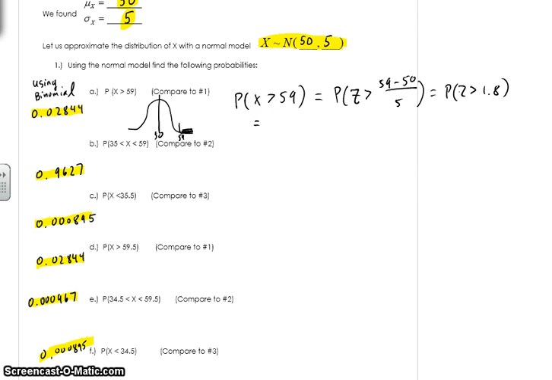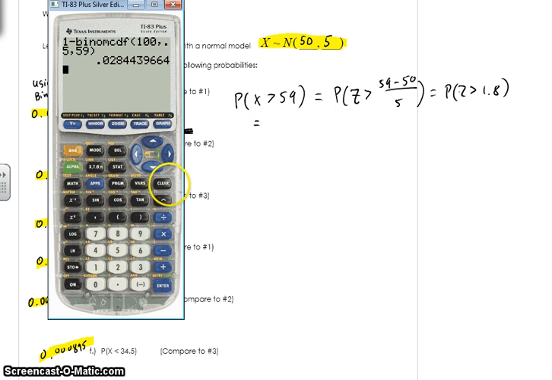And now we're going to use normal CDF. Now, you know the difference between a normal model and a binomial model. Now we've got two cumulative density functions. Just make sure you pay attention to which one you're using. I've seen people do an entire test using normal CDF when they should have been using binomial CDF, and they really didn't know what they were doing. They just made that mistake. So pay attention to what the random variable is, and this random variable, we're saying, is approximately normal here.